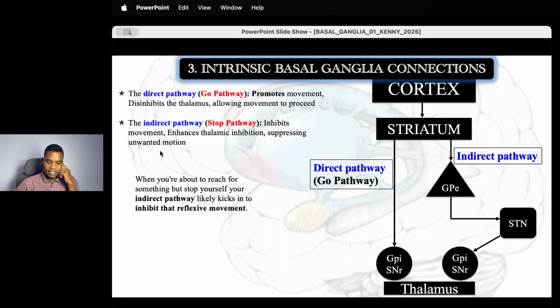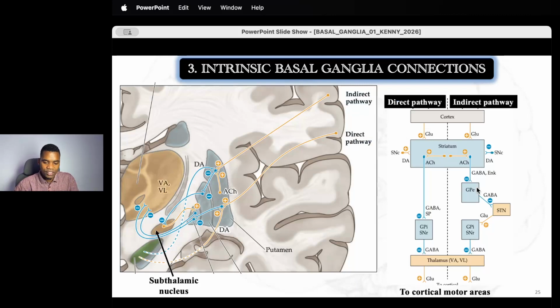It suppresses unwanted movement. For example, when you are about to make a certain movement and you stop right before you do it, that is exactly what is done by the indirect pathway. For example, when you want to slap your friend and you stop right before you do it, that's the indirect pathway in action.